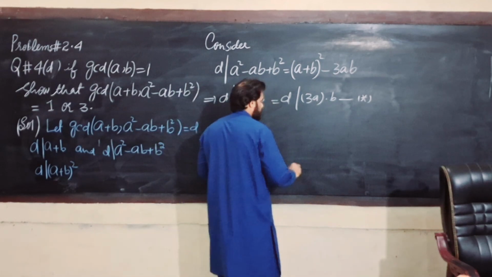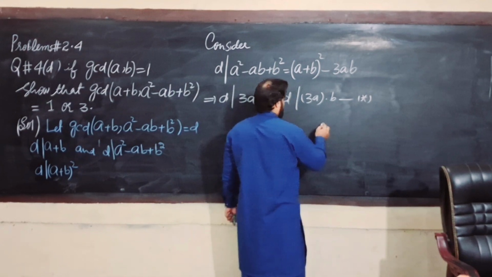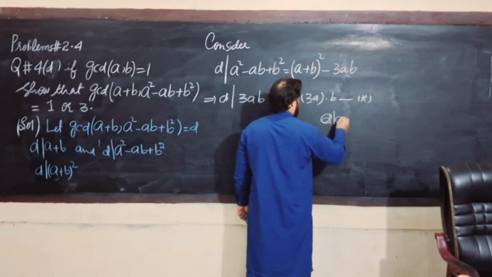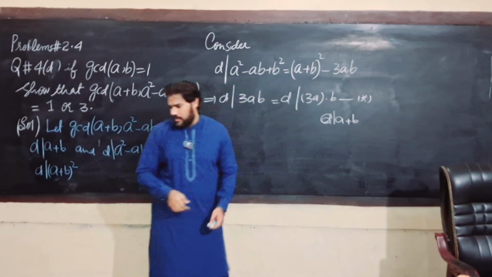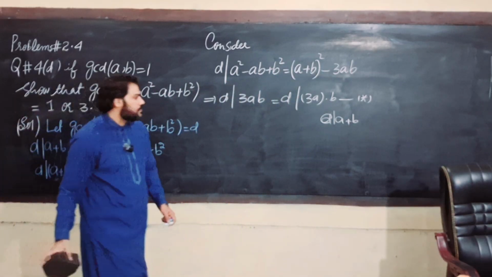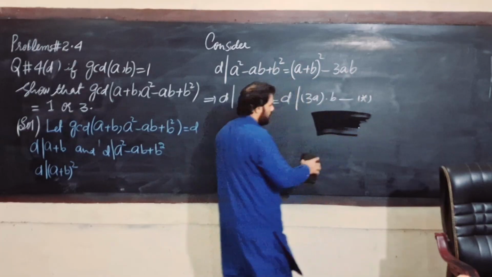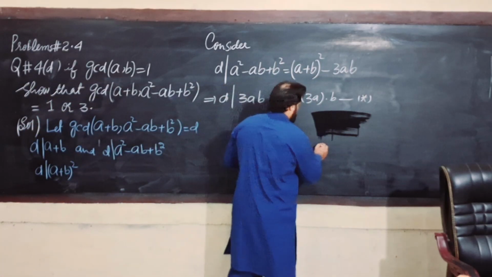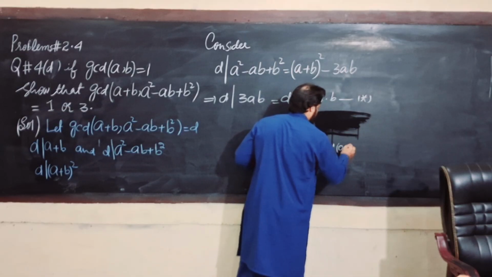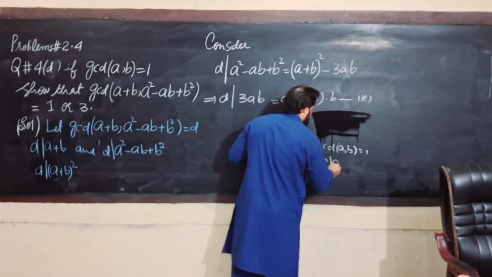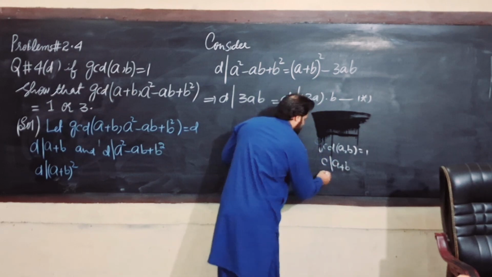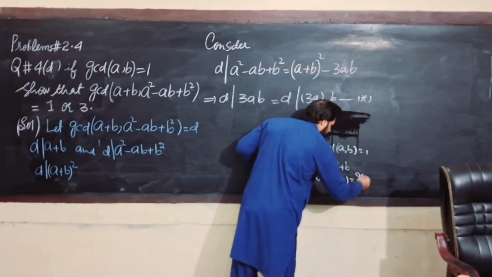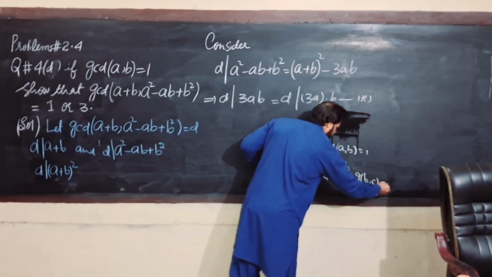I am again repeating, that problem says if GCD of A and B is equal to 1 and C divides the sum of A and B, then GCD of A with C and GCD of B with C is equal to 1.